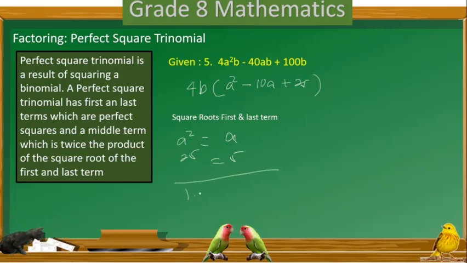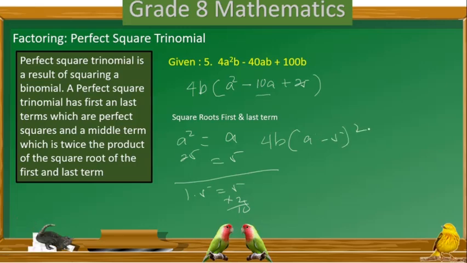So 1 times 5 equals 5, times 2, that is 10. Okay, this equals the middle term. So all we have to do is to write 4b, then inside (a minus 5) squared. This is the answer.